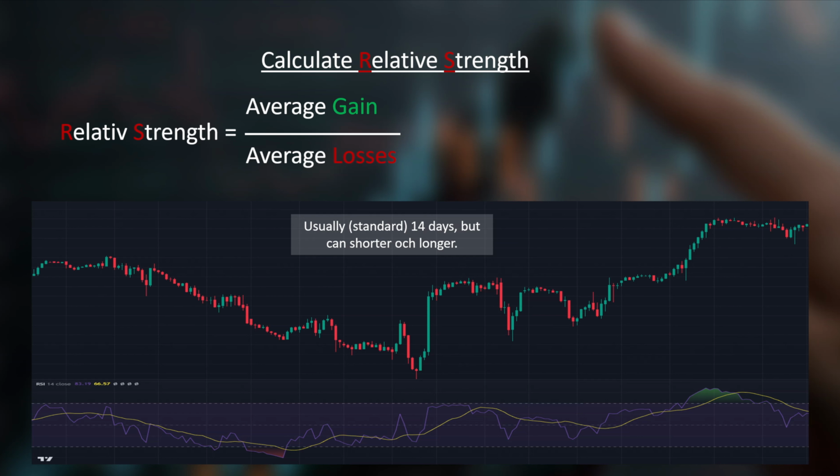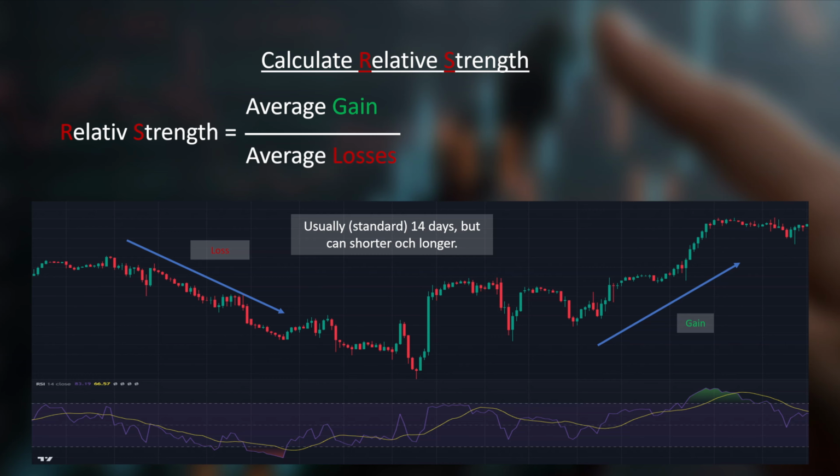Well, how do we calculate the relative strength? This is the equation. You use the average gain and average loss and divide them, and you get the relative strength. Usually you use 14 days, but it can be shorter or longer.